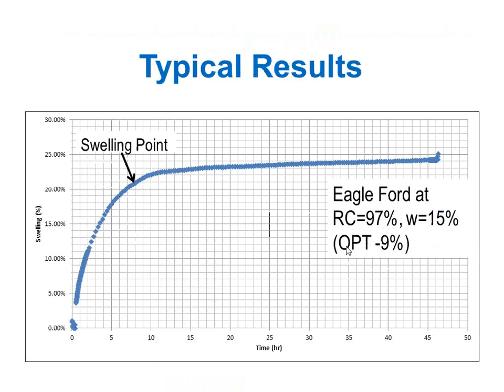We are talking about 25% swell, 25% strain. That means that, depending on the confinement, if you have a layer of clay that is 4 feet thick under your pavement, the potential for this layer to expand is 1 foot up or down. That's not good. 5% strain is huge, and we're talking about real soils with 25% strain potential.